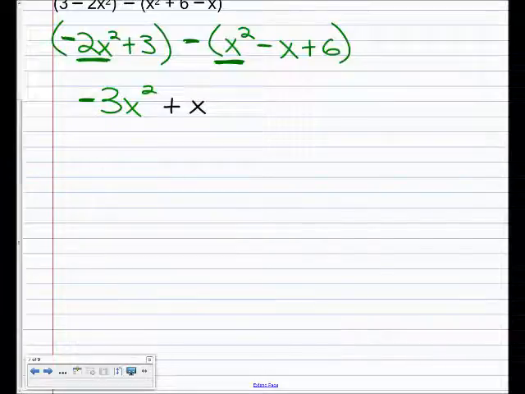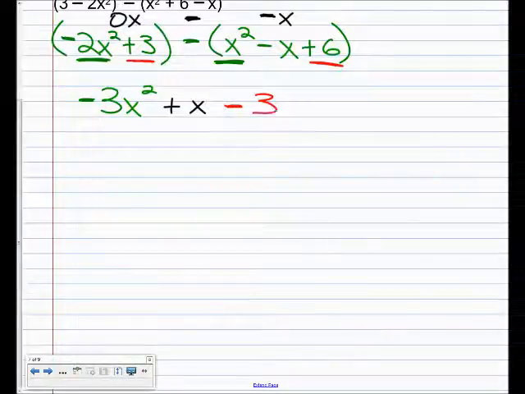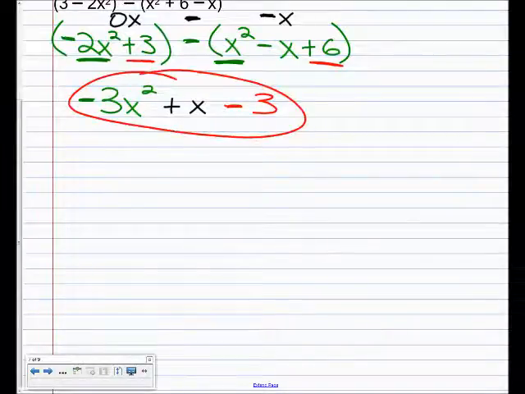So what I just did was 0x minus negative x, which is really x. All good. Now for the last one: 3 minus 6 is negative 3. I know it's in different colors, but all of that is the polynomial solution.